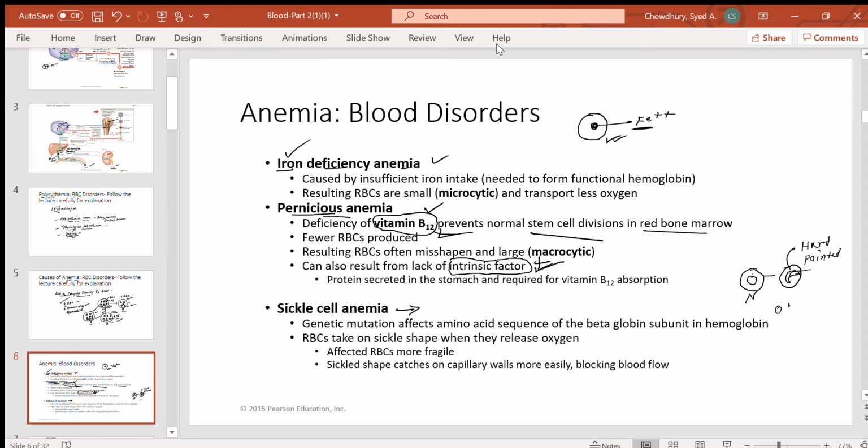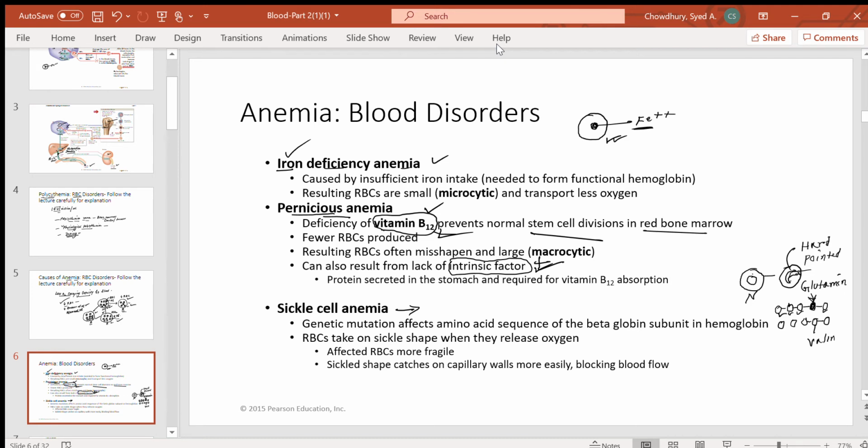You remember 2 alpha 2 beta chains in the globin part of the hemoglobin. You must remember 4 amino acid chains, right? So in the amino acid chain, if one amino acid, that is called glutamine, is replaced by another amino acid, this is called valine.